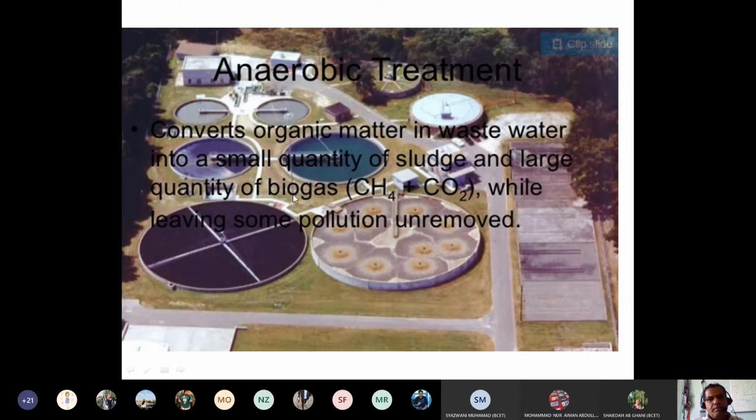And this anaerobic treatment is very, very important, especially in Malaysia, because now they are trying to take gas, or biogas as we call it, which is fuel, mainly CH4, to be used in houses or wherever. So this is usually through an anaerobic process.